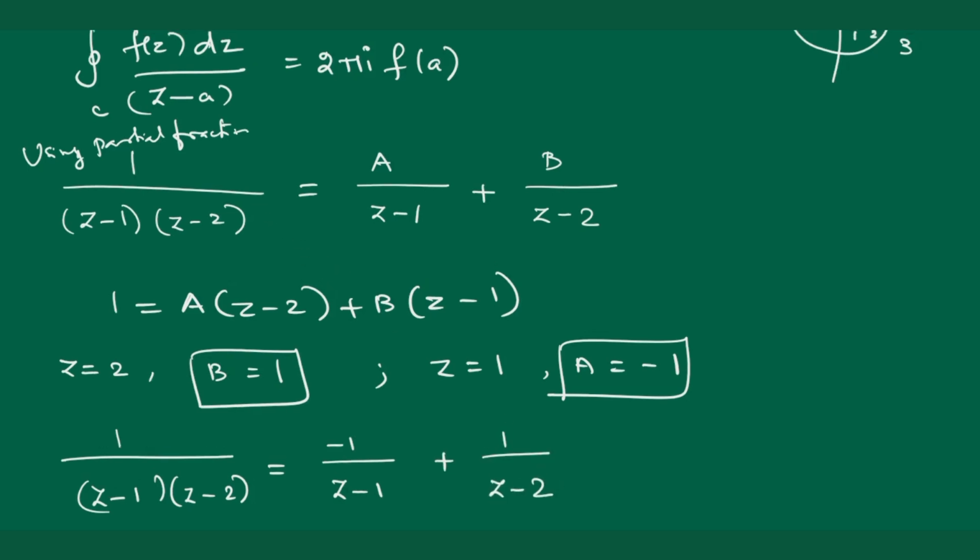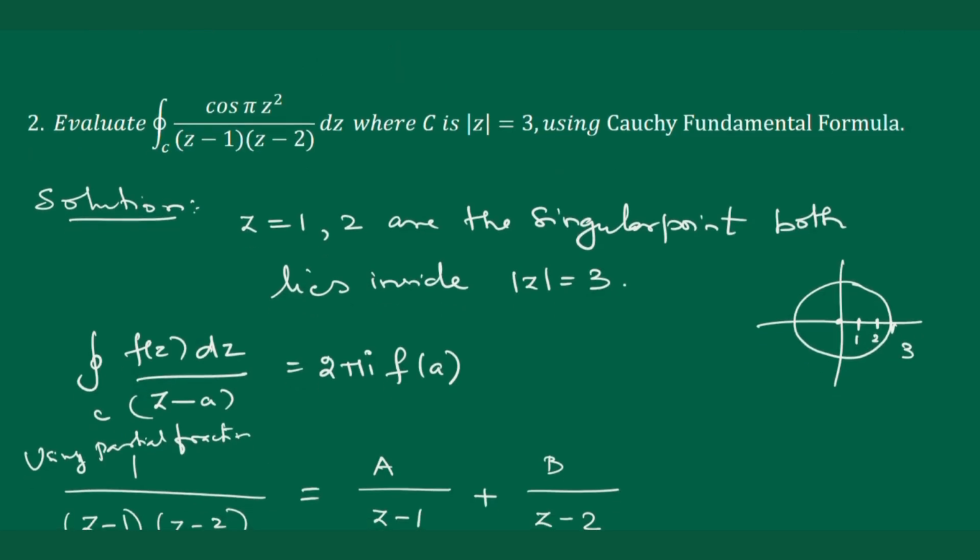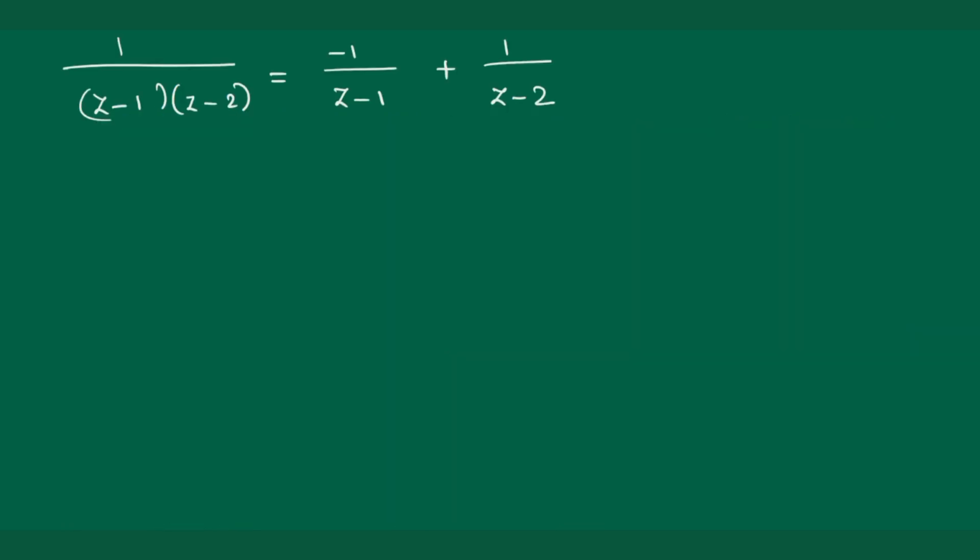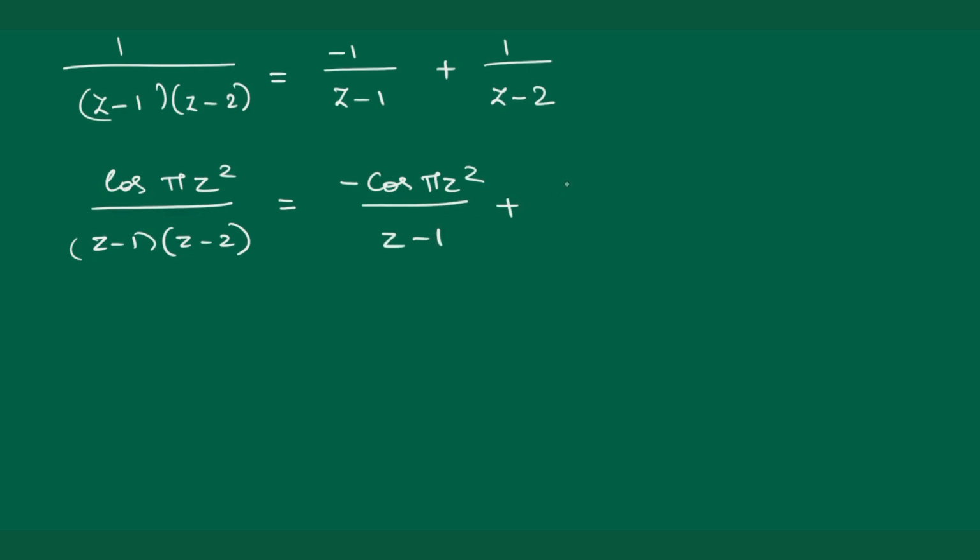Now we want to evaluate cos pi z square by z minus 1 into z minus 2. So we multiply by cos pi z square on both sides. Here it will be minus cos pi z square by z minus 1 plus cos pi z square by z minus 2.